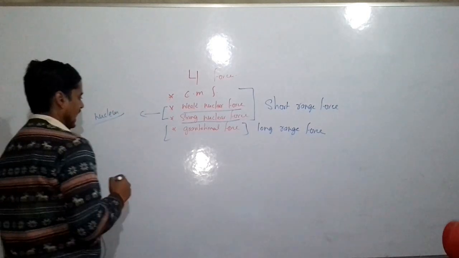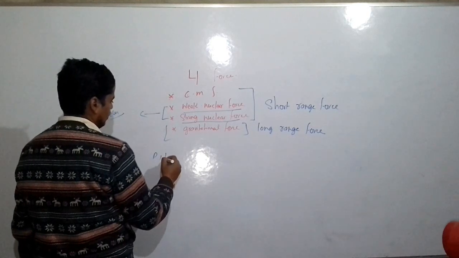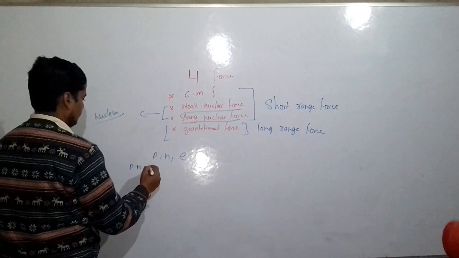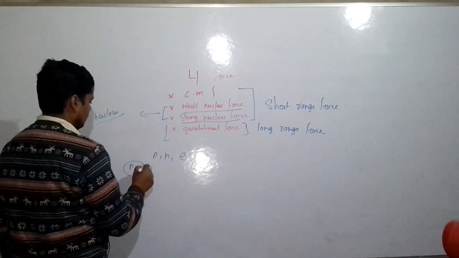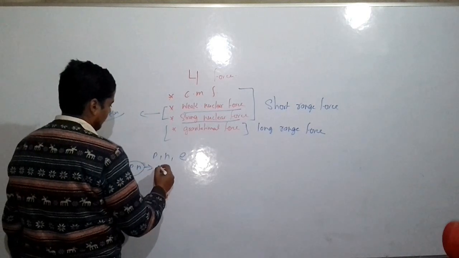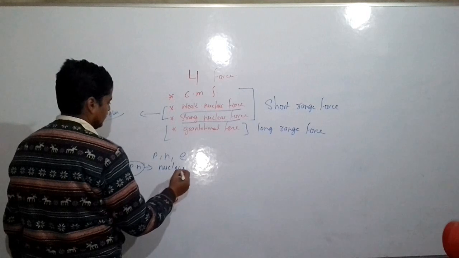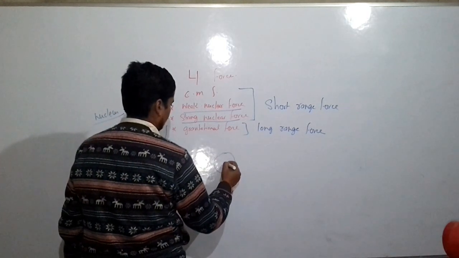We know that an atom is made up of proton, neutron and electron. Proton and neutron make the nucleons, which is the center of an atom.